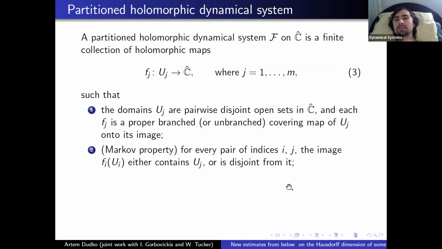Questions? So we assume that we have a Markov property, that is for each pair of indices I and J, the image of UI either contains UJ or is disjoint from it.